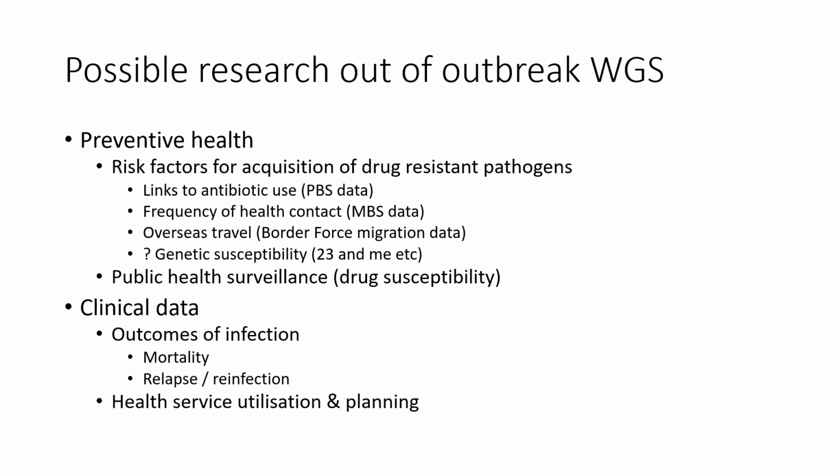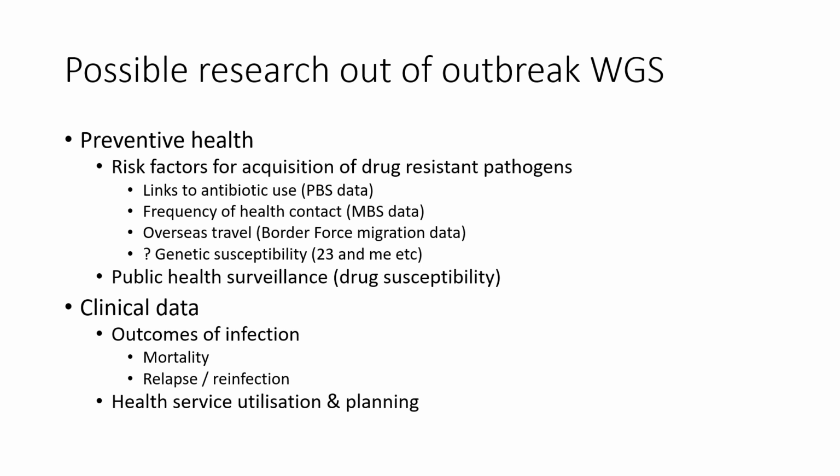Whether being in hospital frequently or seeing their GP frequently is a risk or a protective factor in developing drug-resistant infection. We know that overseas countries have much higher rates of drug-resistant organisms than Australia does, so we could combine this data with immigration, with customs data, see whether your frequency of overseas travel increases your risk of colonisation with a drug-resistant organism.